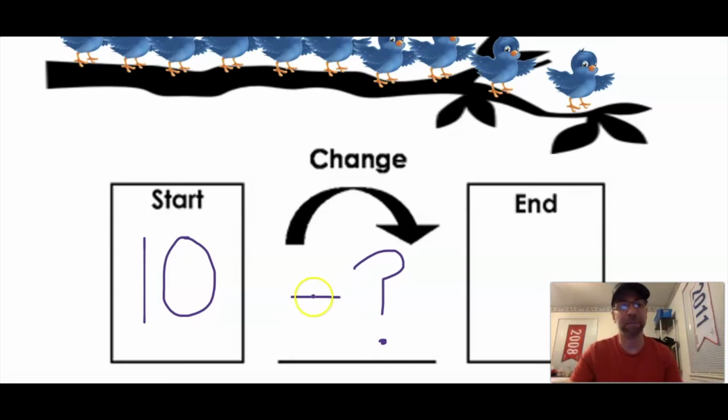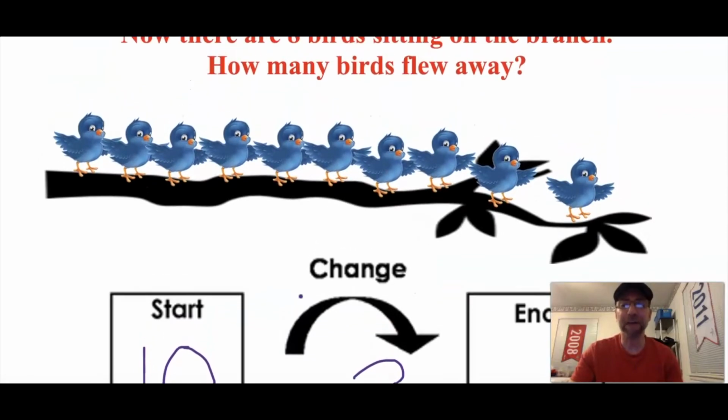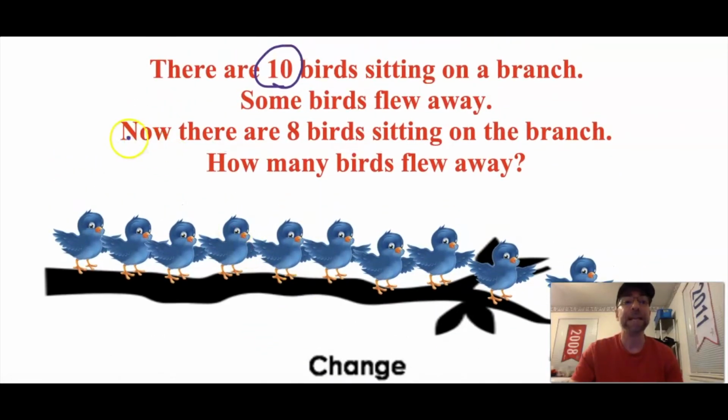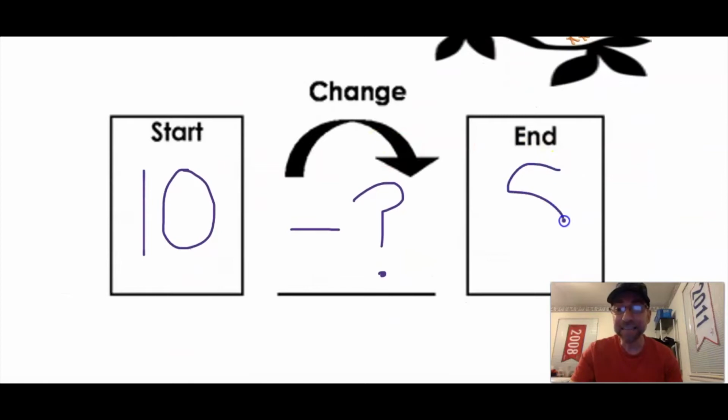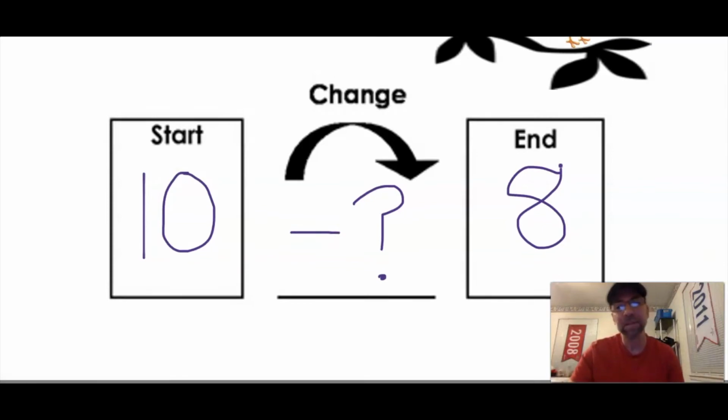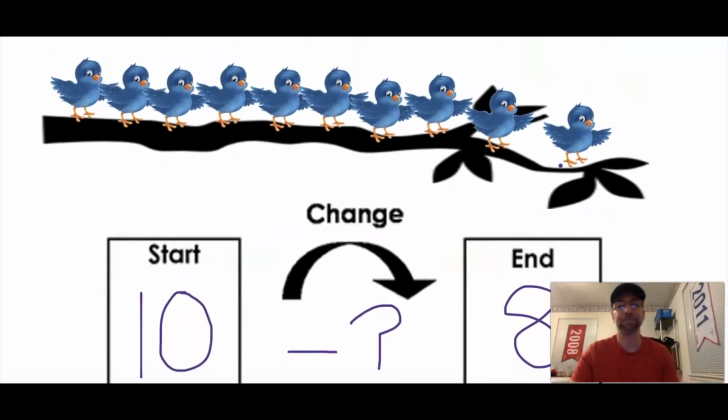And we're going to have to put that minus subtraction sign. Let's see if we can find the end. Now there are 8 birds sitting on the branch. My end is 8. Wow. I started at 10. I ended up with 8.